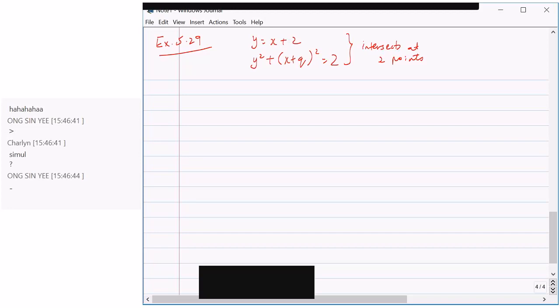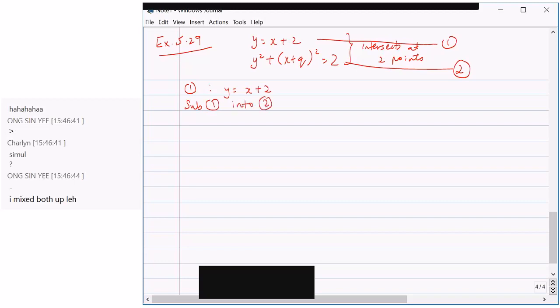I'm going to call this equation 1 and this equation 2. Xingyi, you forgot last week already? From equation 1, because y equals x plus 2, I'm going to substitute equation 1 straight away into equation 2. Why do I do that? Because I want to combine the two equations together into one.